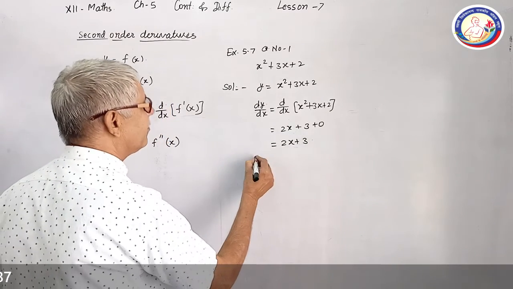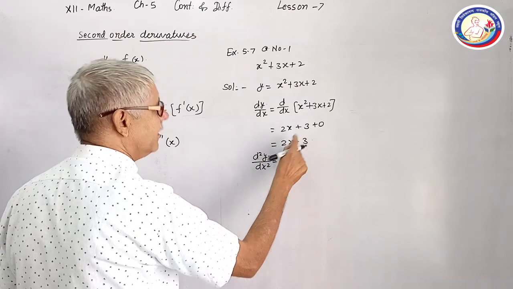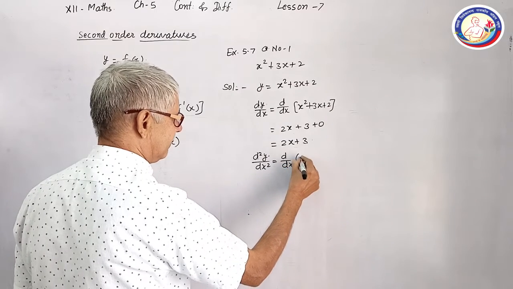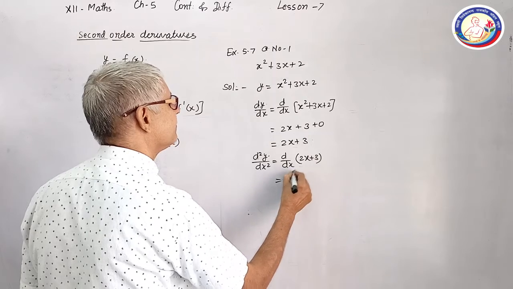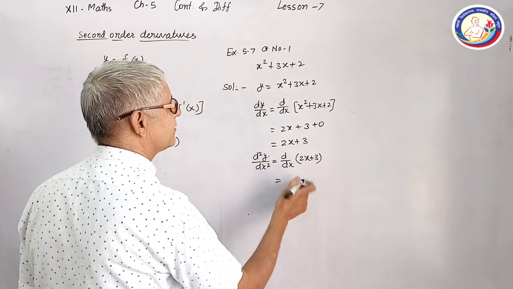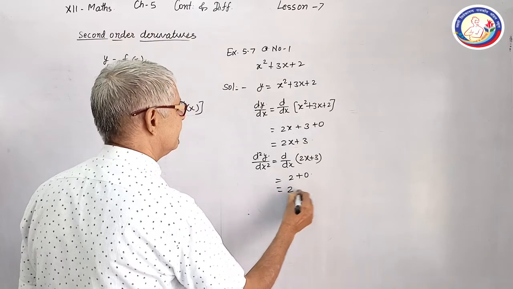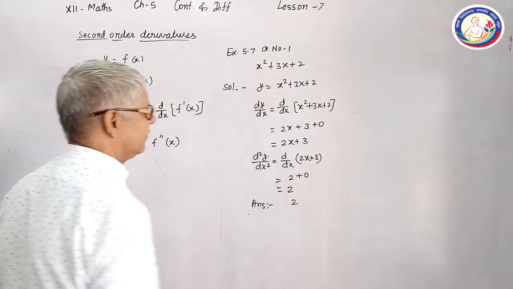What will be second order derivative? This will be derivative of this derivative. We shall have derivative of 2x, that is 2, and then 3 is 0. So answer will be 2.